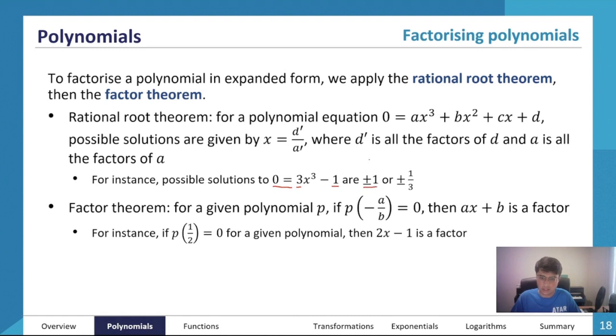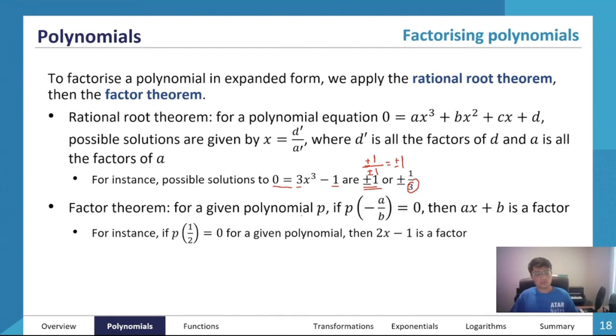So that's going to look like plus or minus 1, that's the factors of 1, over plus or minus 1, because that's also a factor of 3. And so that's going to end up being plus or minus 1, as we see here. Or it could be plus or minus 1/3 by that same rationale, where instead our a prime value is 3, because that's a factor of 3.